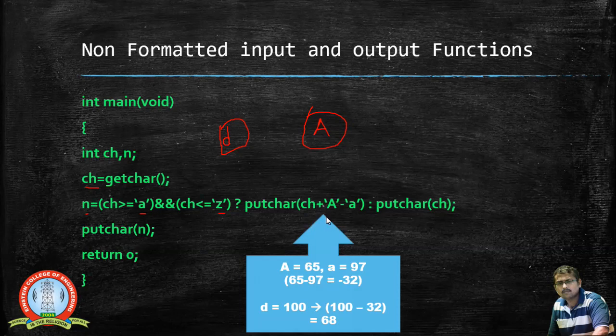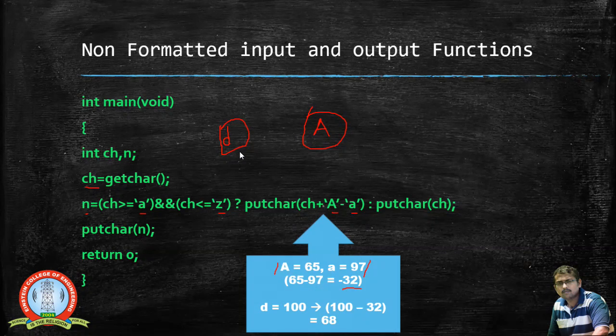When you look into this return value, I am subtracting the value of small a from capital A, meaning the capital A ASCII value is 65 and the small a ASCII value is 97. So I am subtracting 97 from 65, and the output I get here is minus 32. That is the difference between capital A and small a, so I get negative 32.